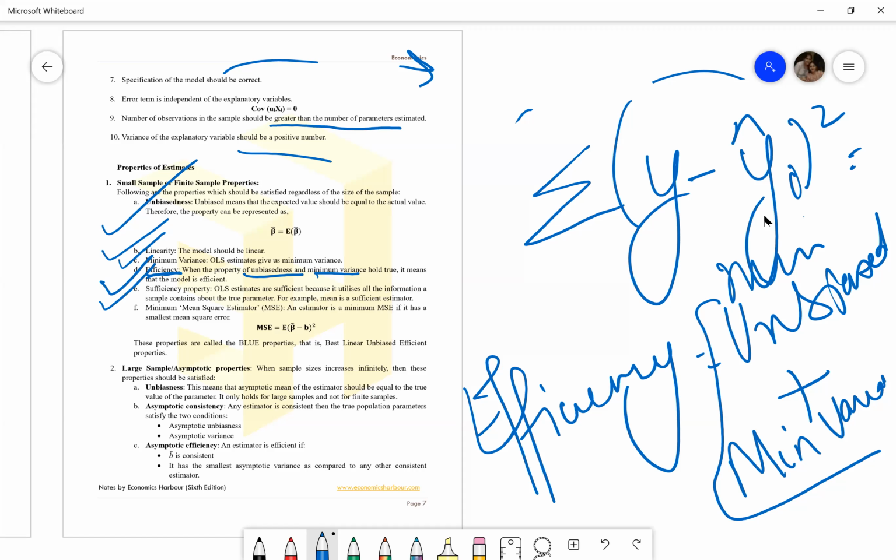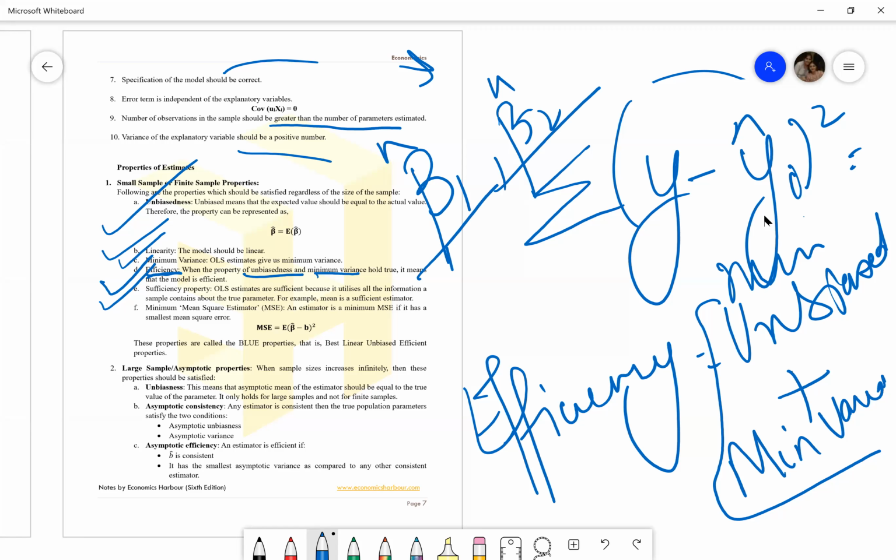Next is you have the sufficiency property, in the sense that your sample contains all the information regarding your population. So whatever sample statistics you are getting, whatever estimates you are getting after applying OLS, here we have beta 1, beta 2, whatever estimates you get after applying your OLS, this should contain all the information about your population.